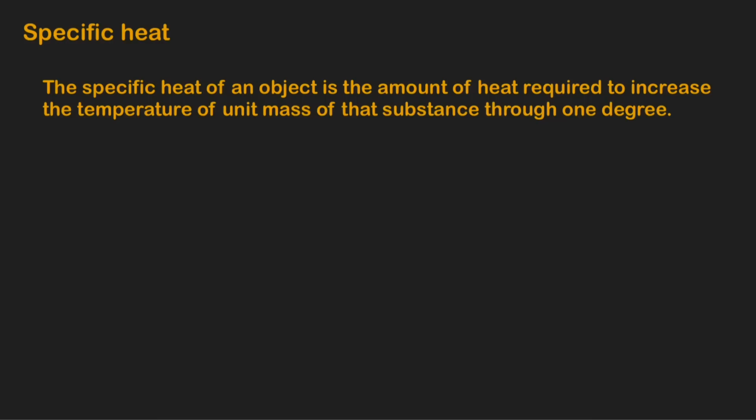The formula of specific heat is Q is equal to mass M into specific heat C into change in temperature, that is T final minus T initial. That is, the amount of heat Q depends on the mass of that object, the specific heat of that object, and the change or increase in temperature.